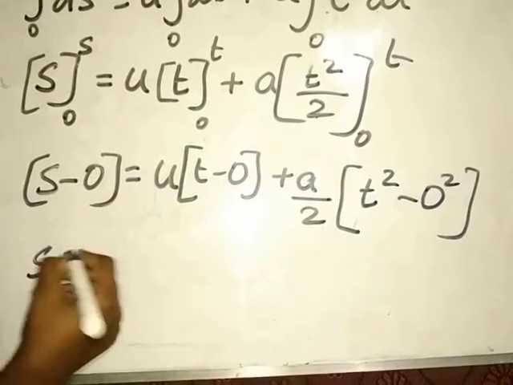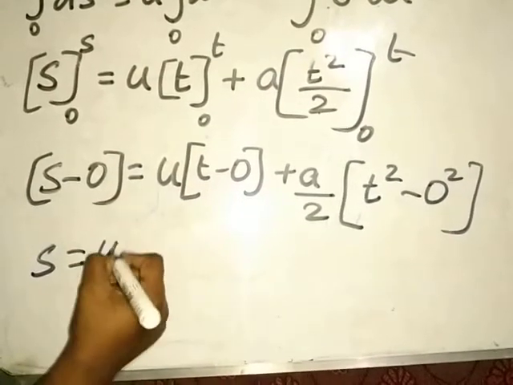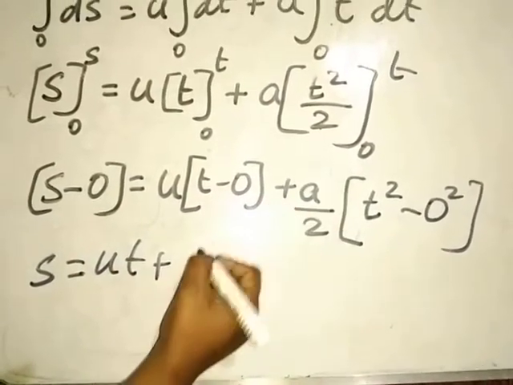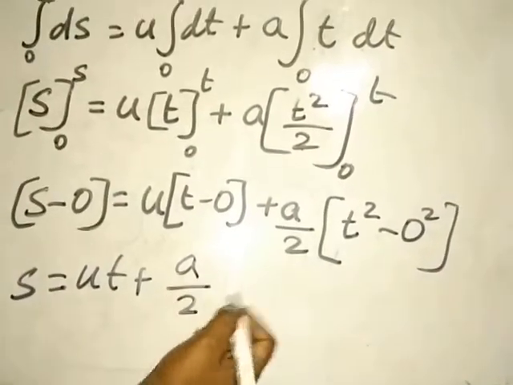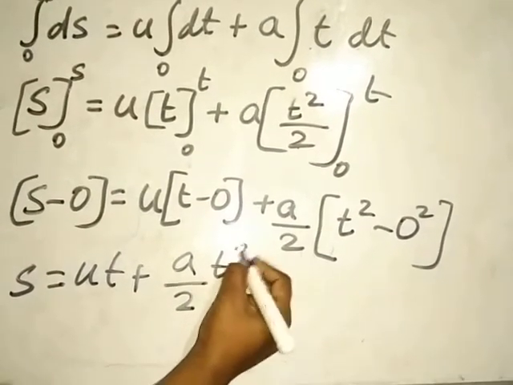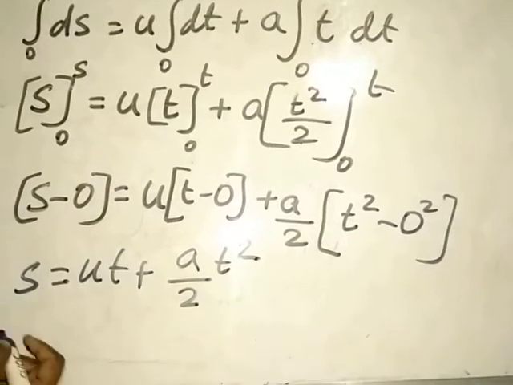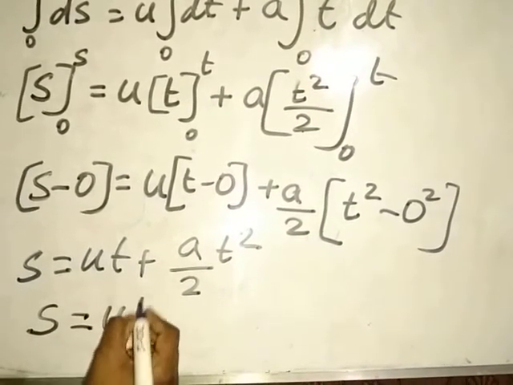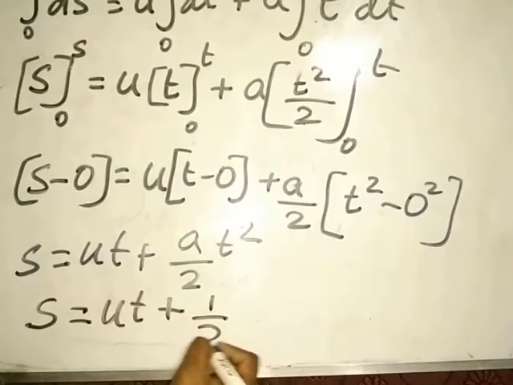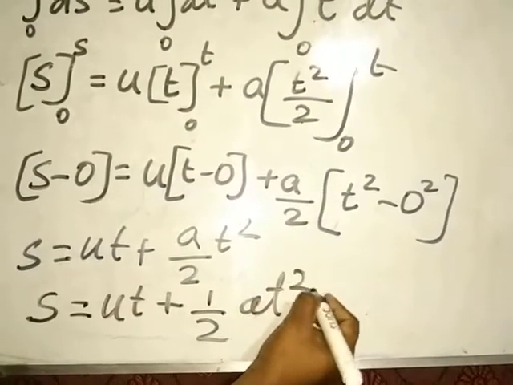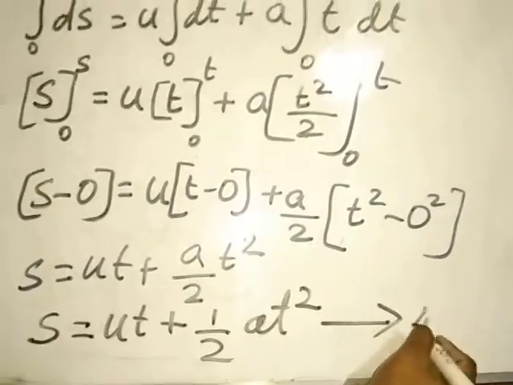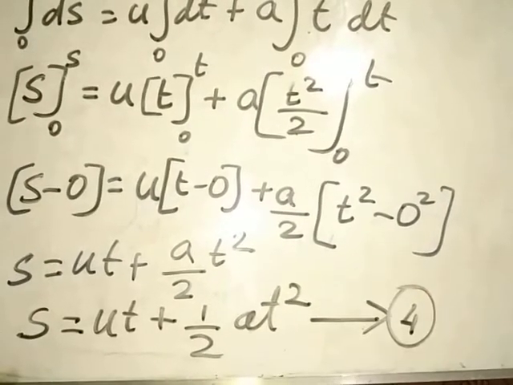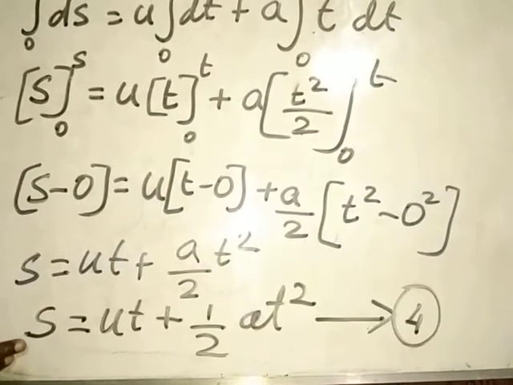So s equals ut plus a by 2 t squared. Otherwise, we can write this equation as s equals ut plus half at squared. So this is equation number 4. This one is the result of this.